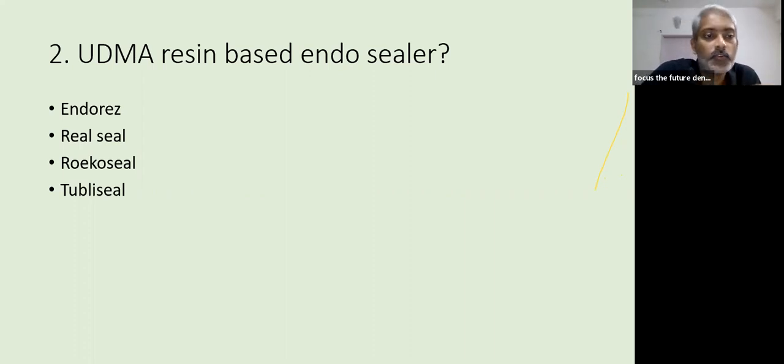So Rocco Seal and Tubli Seal are eliminated. Then the remaining two are Real Seal and EndoRes. And between Real Seal and EndoRes, you know that Real Seal is more of a BisGMA type of endosealer. So you eliminated Real Seal, Rocco Seal, and Tubli Seal, and finally the answer is EndoRes. This is called the elimination technique. So that is how we come to the answer as EndoRes.